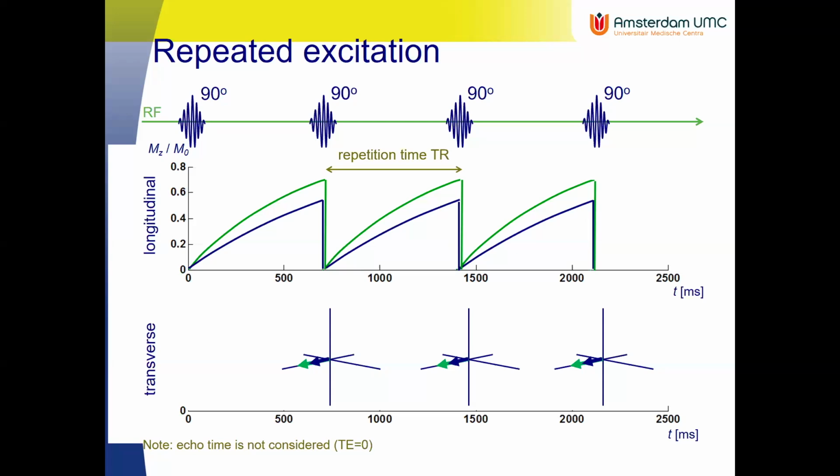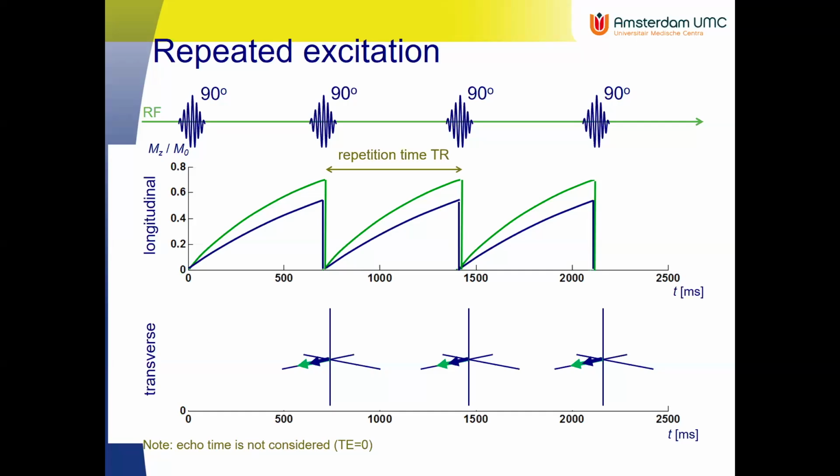The trick is that we actually need this repeated excitation concept because the longitudinal magnetization is not measurable, but we would like to see in our MR image something which is T1 weighted, something that depicts the difference between the tissues of the longitudinal relaxation speed.